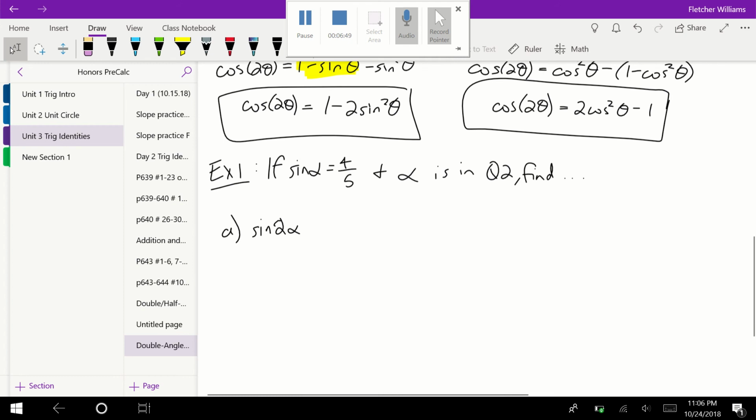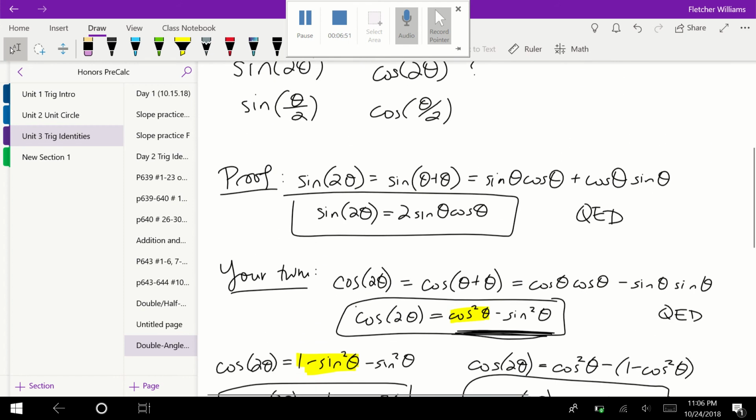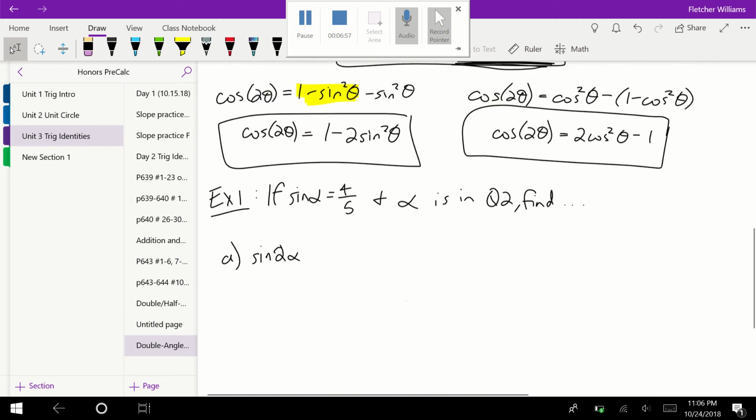Now, you know that based on our formula for sine 2 theta, you're going to need 2 sine theta cosine theta. That means we're going to need cosine alpha for this problem. So let's figure out how we can get cosine alpha. We know alpha's in Q2 and sine is 4/5.